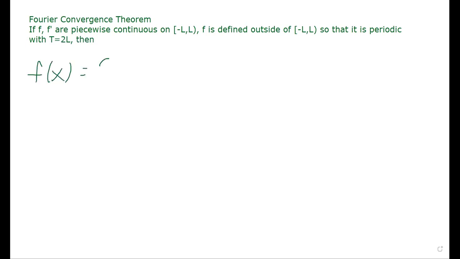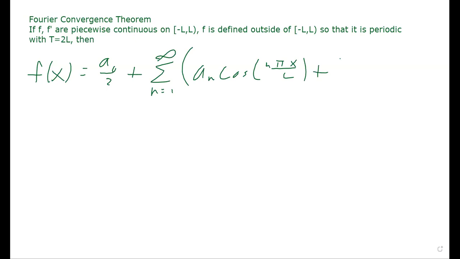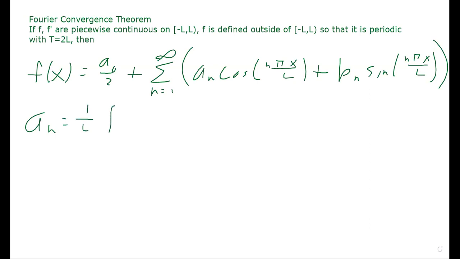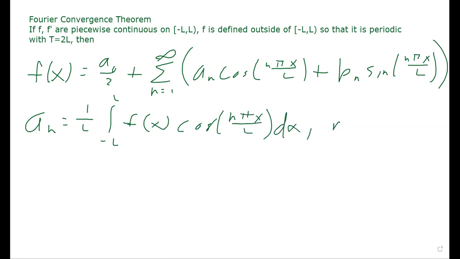Then our function will be equivalent to a naught over 2 plus the sum from n equals 1 to infinity of a sub n cosine n pi x over L plus b sub n sine n pi x over L, where our a sub n is going to be equal to 1 over L integral negative L to L of f of x cosine n pi x over L dx for n equaling 0, 1, 2, and so on.